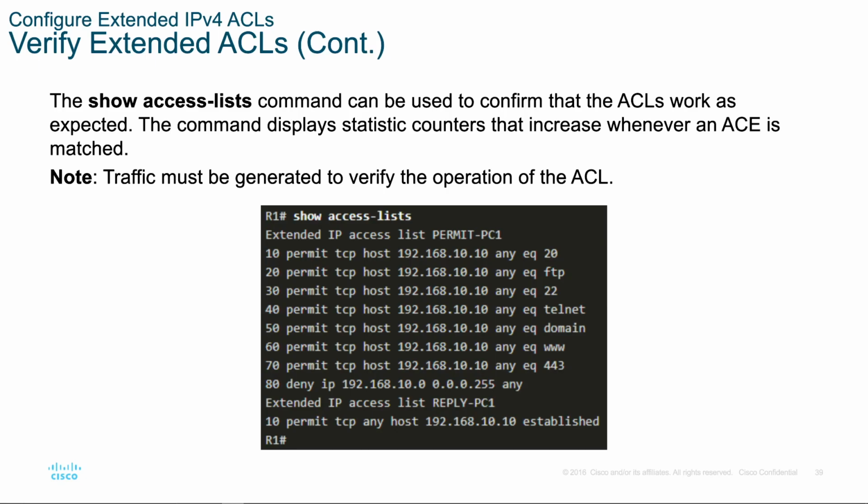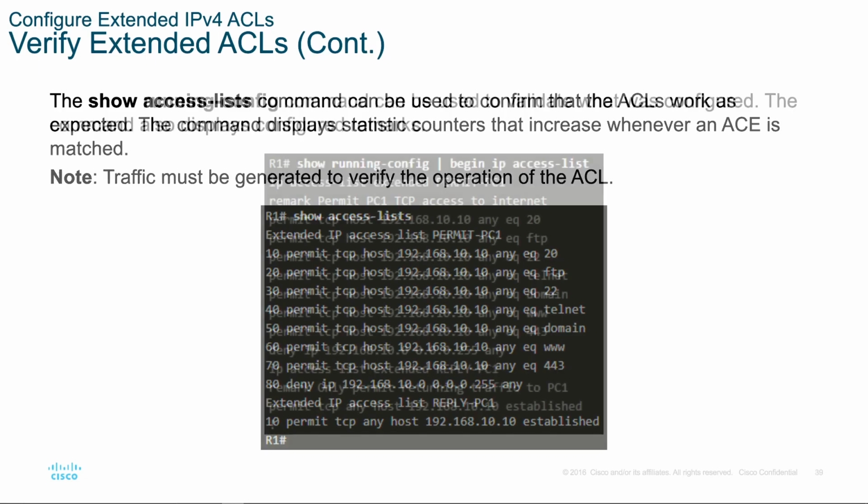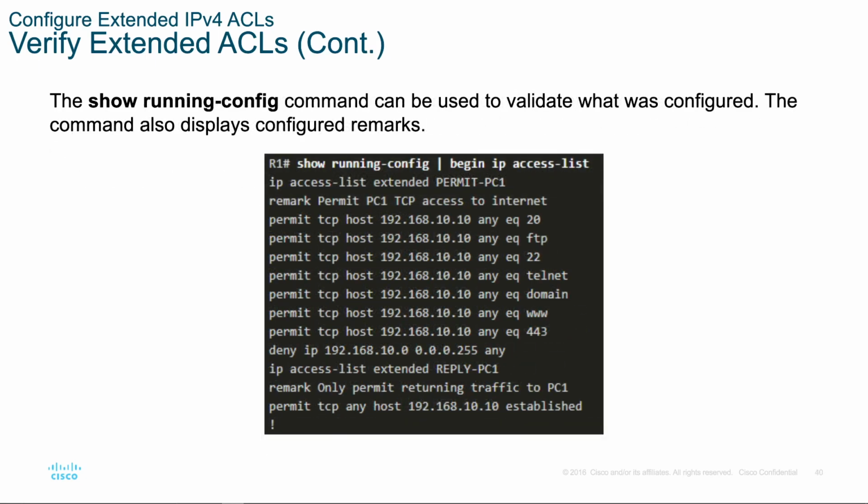It won't tell you where they're applied, it will just tell you that they exist. You can also look at the running config to see any remarks or comments that have been made within those ACLs.